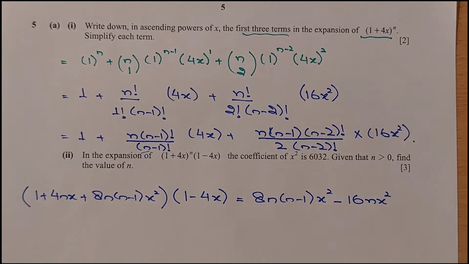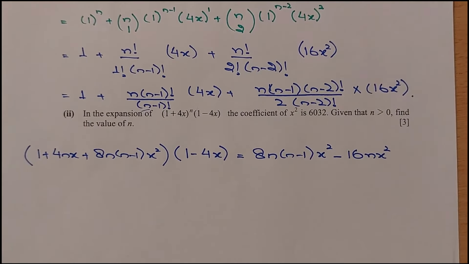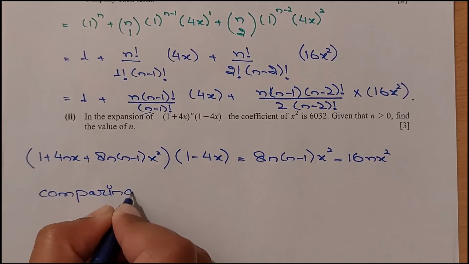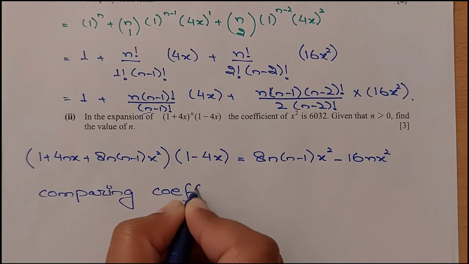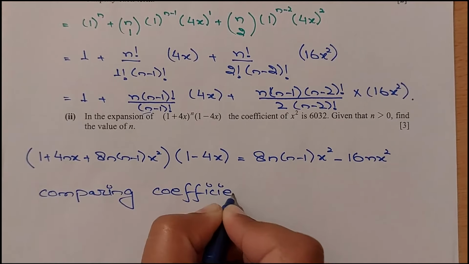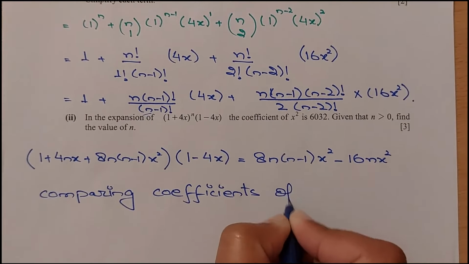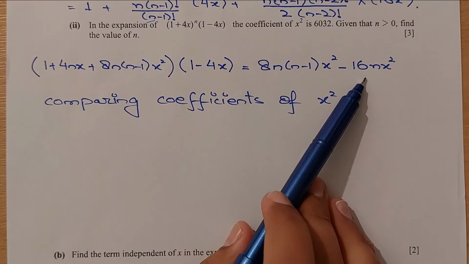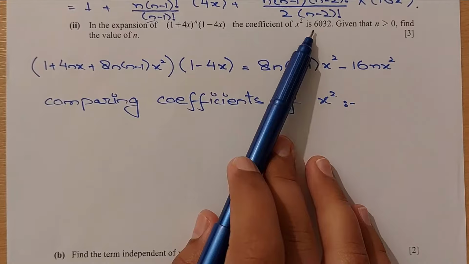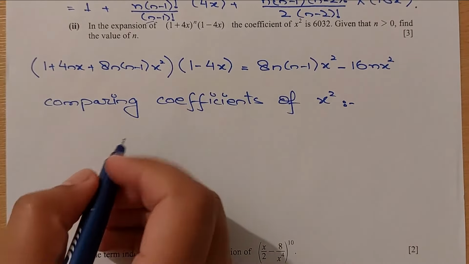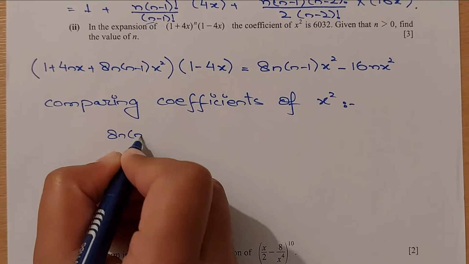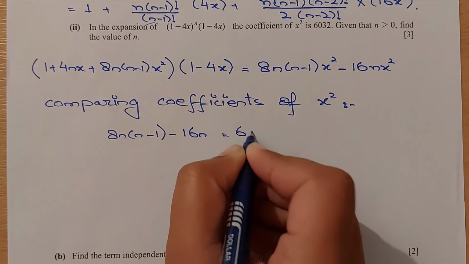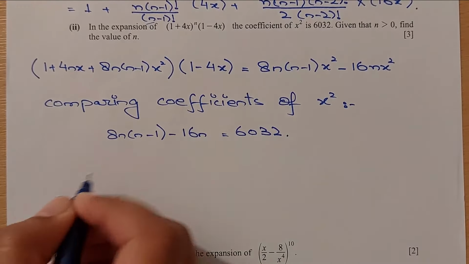Now we have the coefficients, comparing coefficients of x square. So these are the two coefficients of x square, and that is equal to 6032. So 8n(n minus 1) minus 16n equals 6032, right?